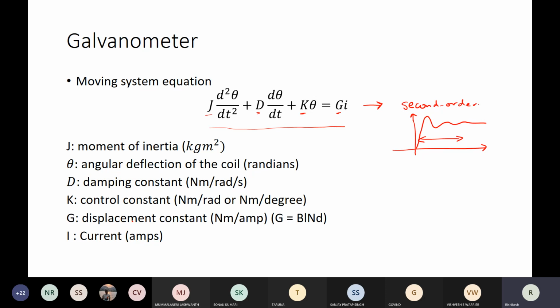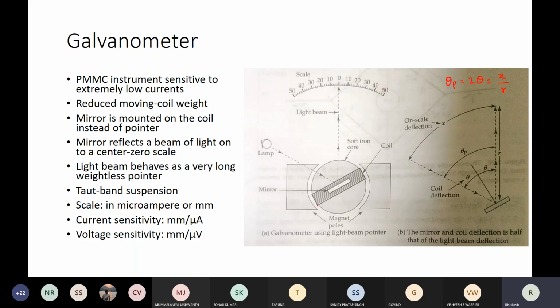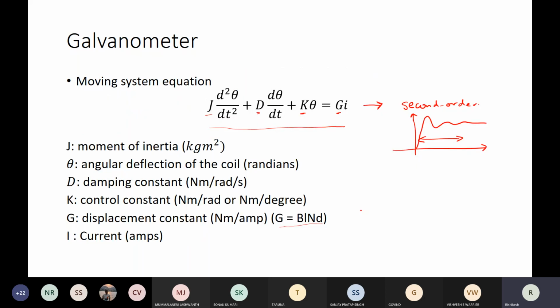Then there is the displacement constant. We have already seen in the case of PMMC instruments that it depends on the magnetic field, the current, the number of turns of the coil, and the diameter. Sorry, this is not I, this is L. So L is the length of the conductor.